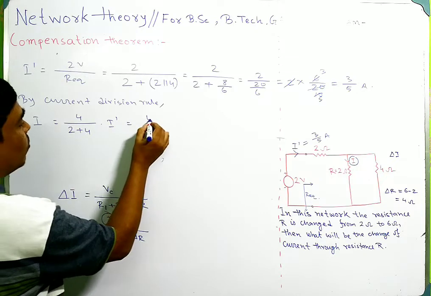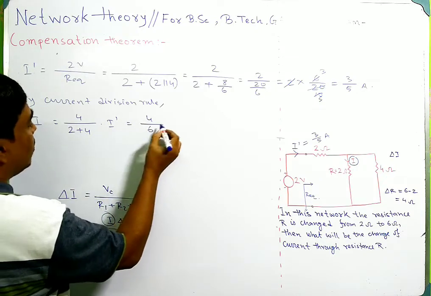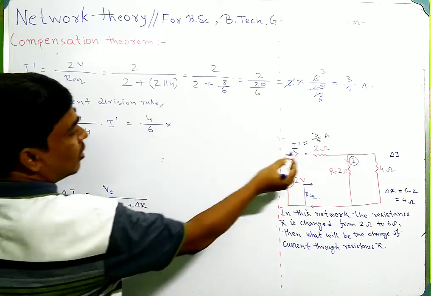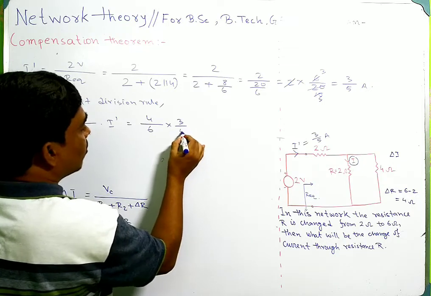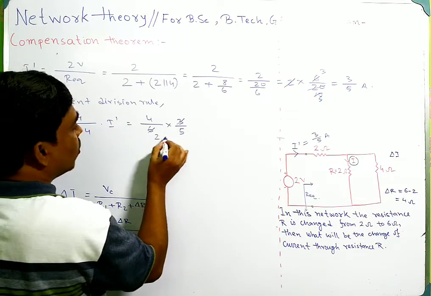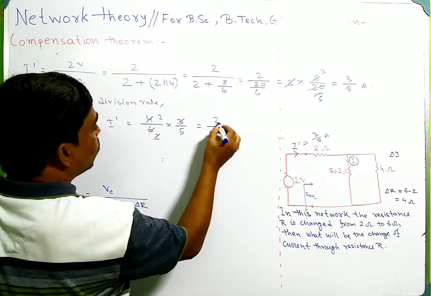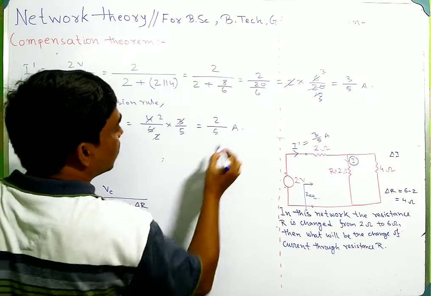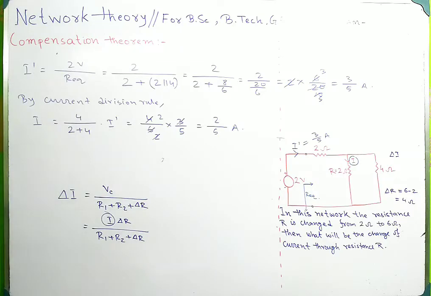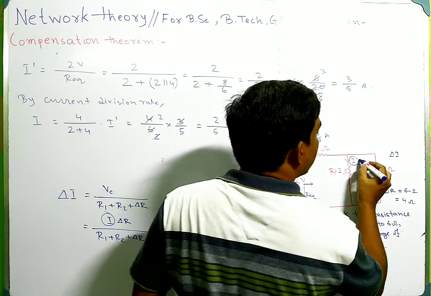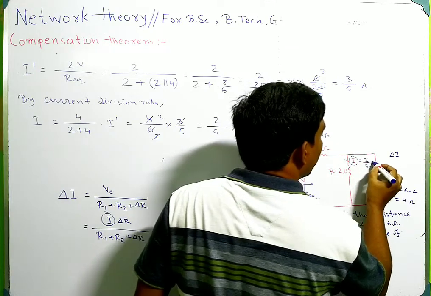Okay, so it will be 4 divided by 6 into 3 by 5, so it will be 2 by 5 ampere. So I is 2 by 5 ampere. So this current is 2 by 5 ampere.